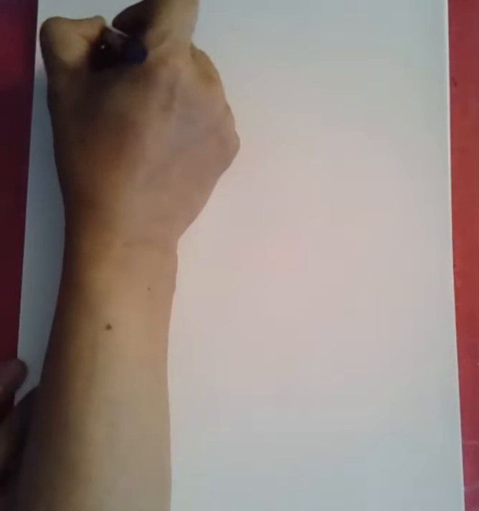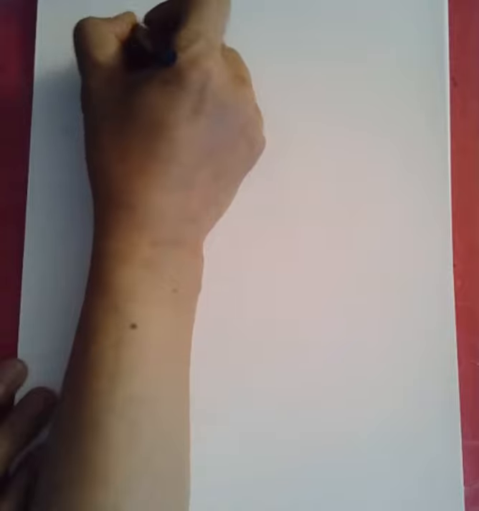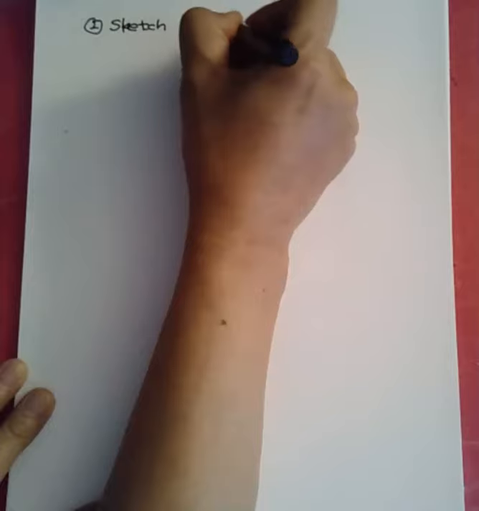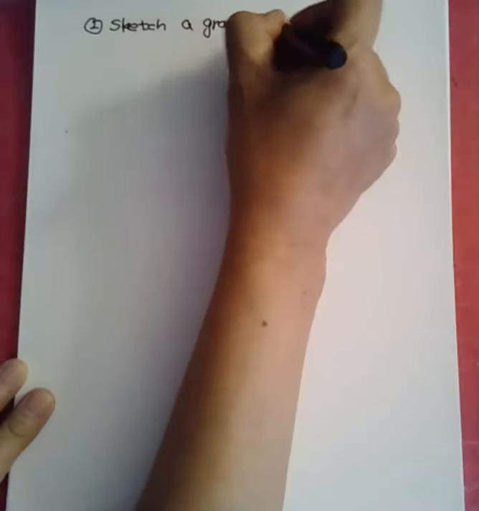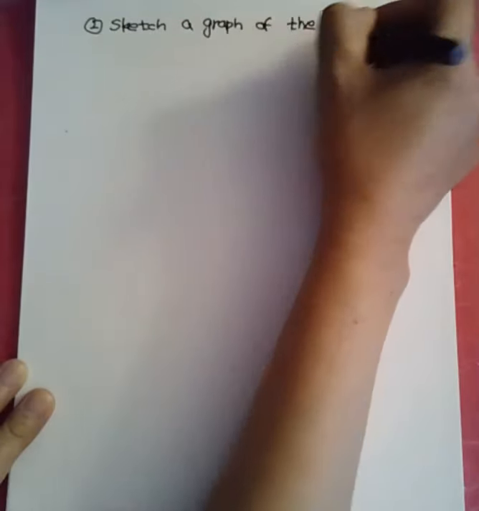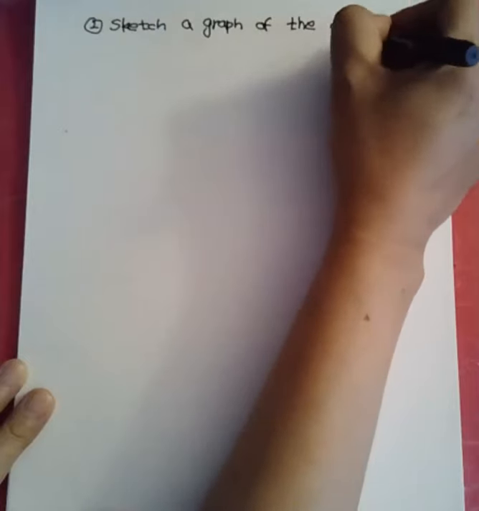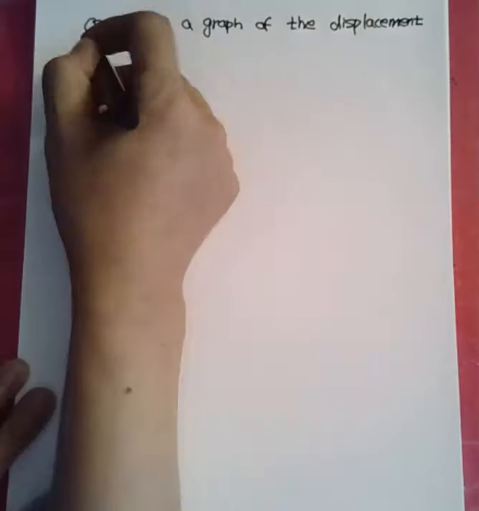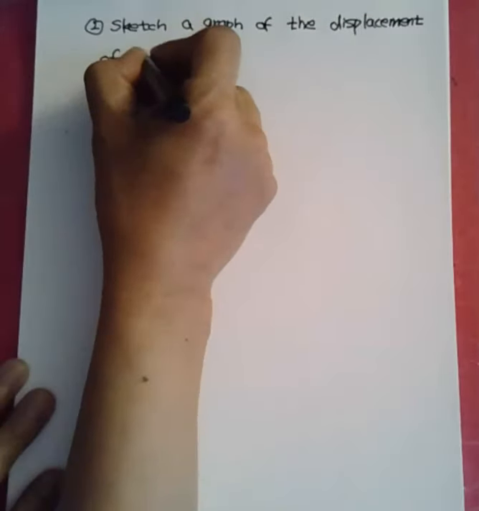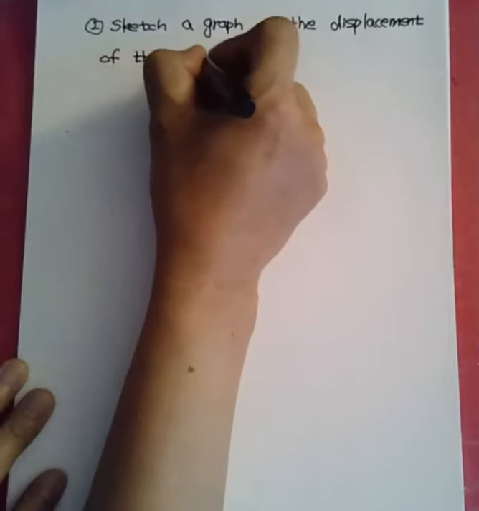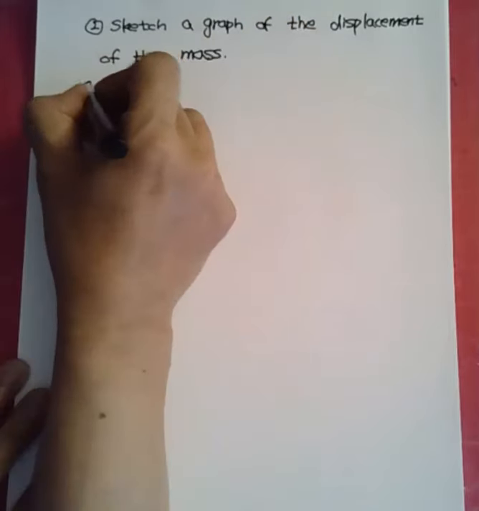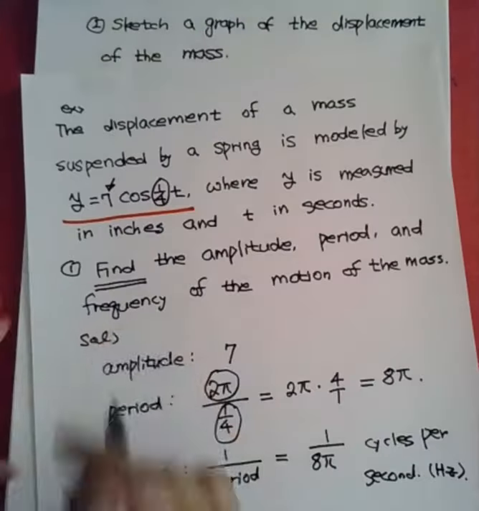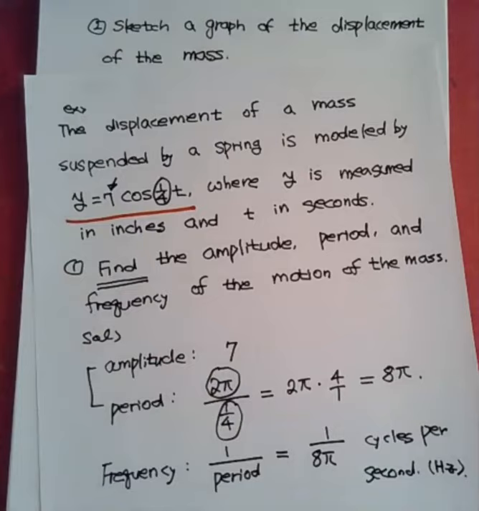The next question is sketching a graph of the displacement of the mass. We already got amplitude and period.